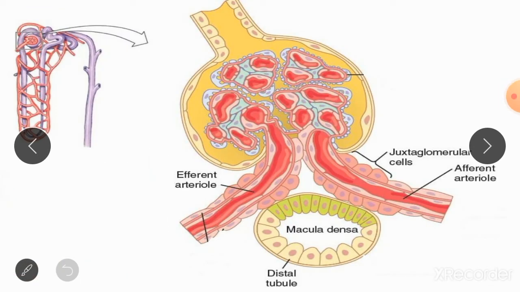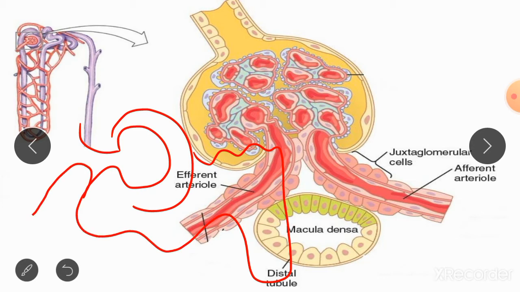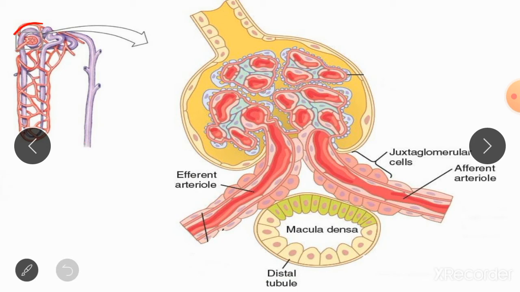As I mentioned before, your nephron is so arranged that your afferent arteriole splits into the glomerulus, and around the glomerulus is your Bowman's capsule, which then forms the proximal convoluted tubule, the loop of Henle, and the distal convoluted tubule, which passes between your afferent and efferent arterioles and then forms the collecting ducts, as you can see over here.